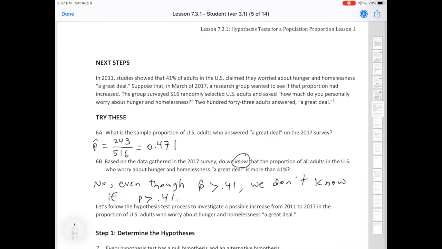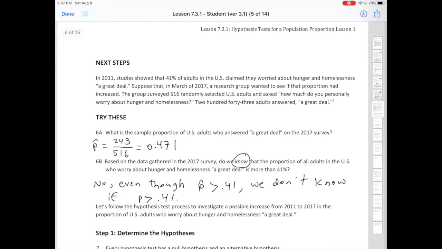In other words, we know that the sample proportion is bigger, but because of sampling variation, we don't know for sure if the real P is bigger than 0.41. But we're going to be able to use a hypothesis test to determine if this evidence is strong enough.